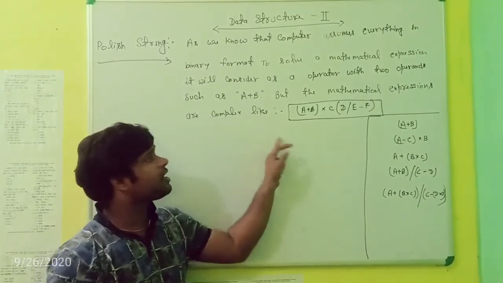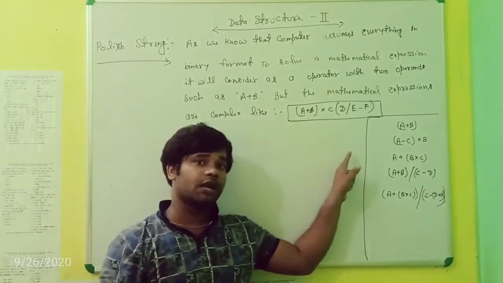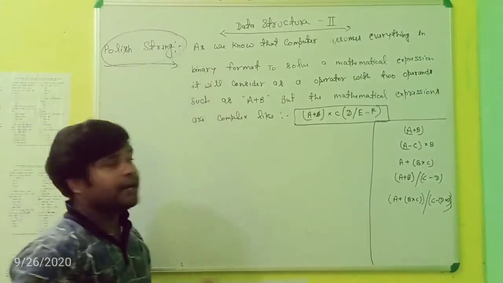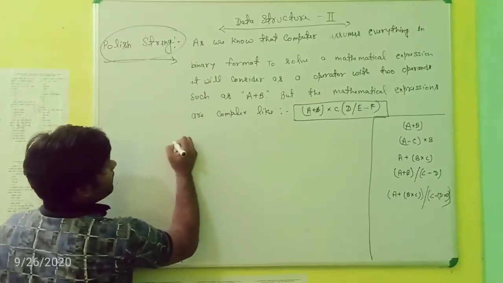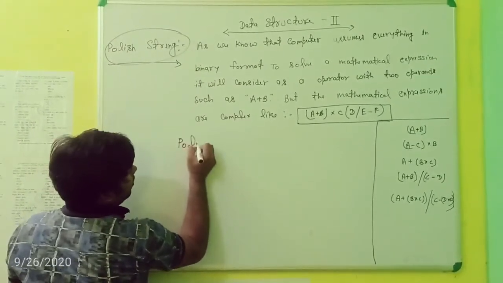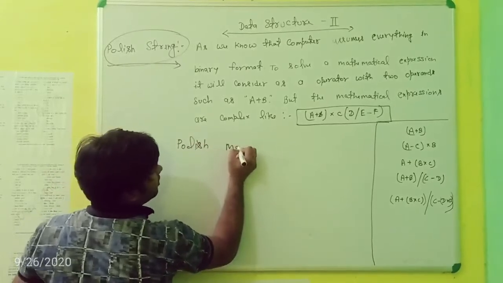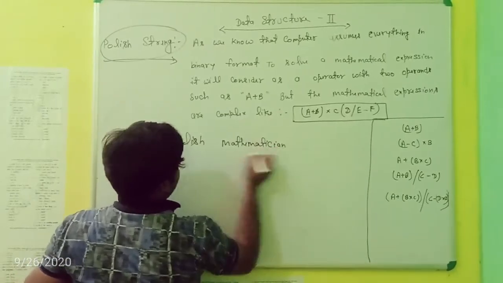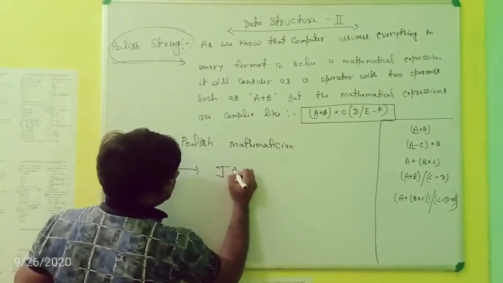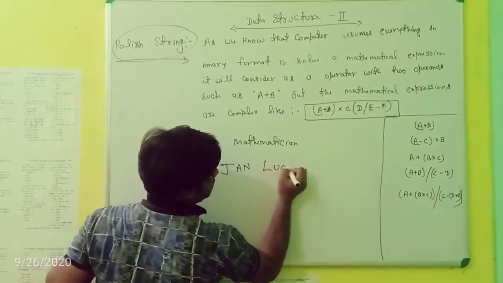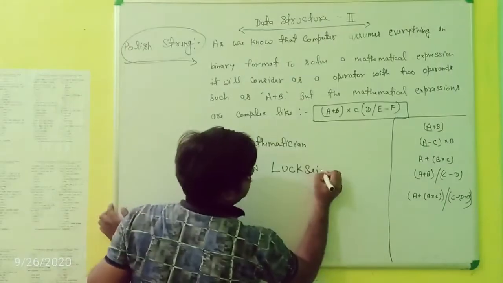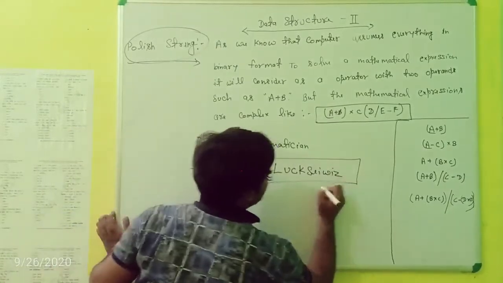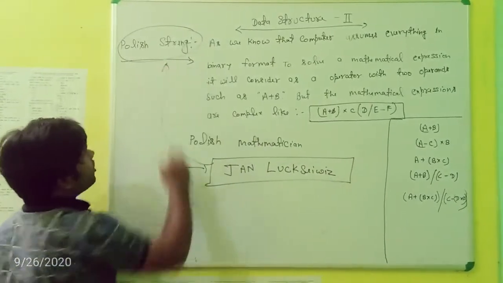To solve this mathematical expression in the computer, the concept of polystyrene was introduced. It was introduced by a Polish mathematician named Jan Lukasiewicz. This is the name of the mathematician who introduced the concept in the computer.